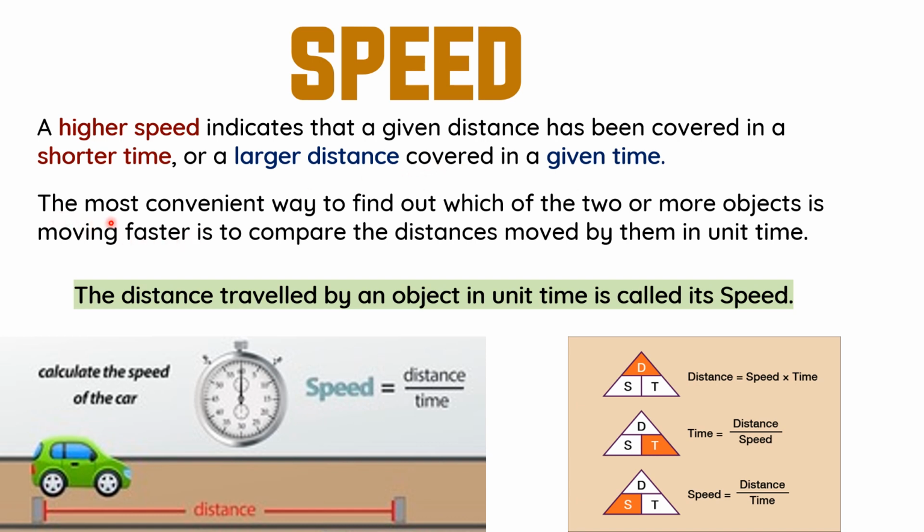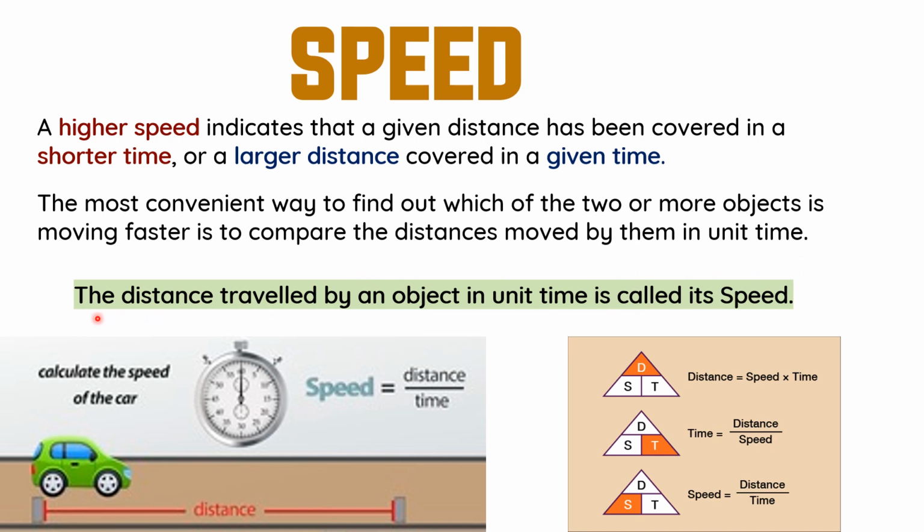The most convenient way to find out which of two or more objects is moving faster is to compare the distances moved by them in unit time. Here, distance and time. Now we are going to frame the definition of speed. The distance traveled by an object in unit time is called its speed. This is the definition for speed.